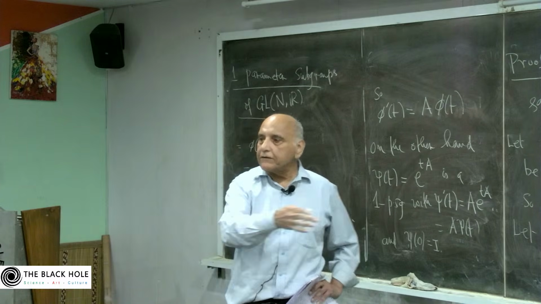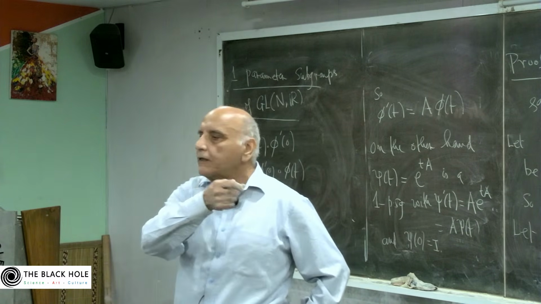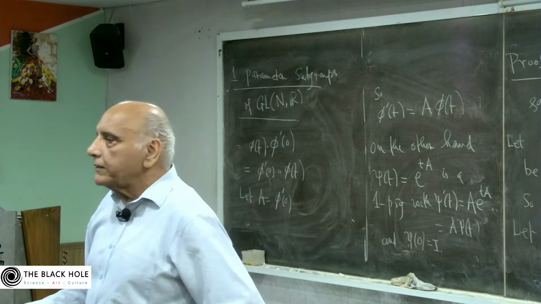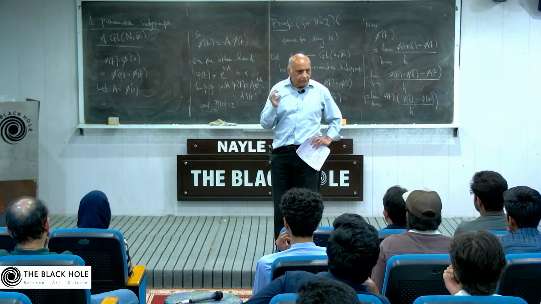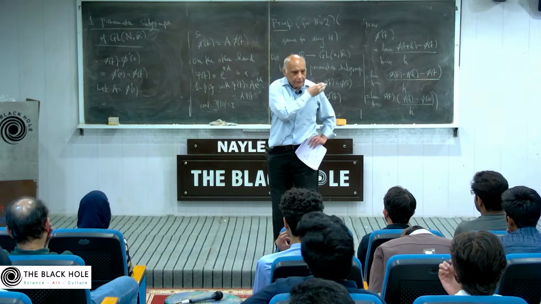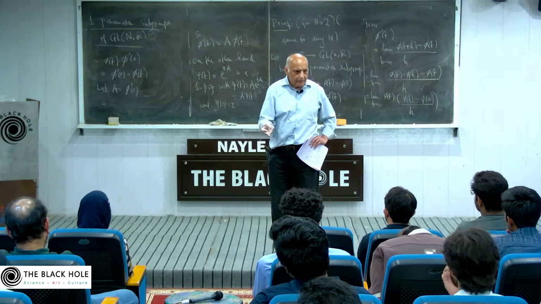Now when you think of this as a system of ODEs, by the existence and uniqueness theorem it will have only one solution, right? So phi t must be equal to f of t.